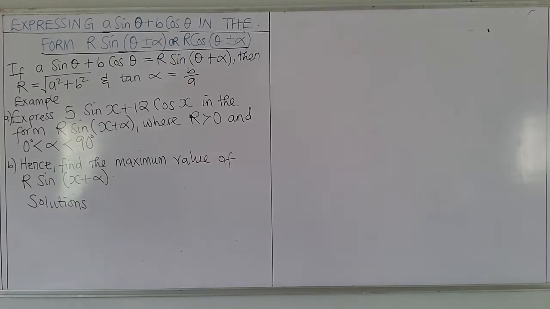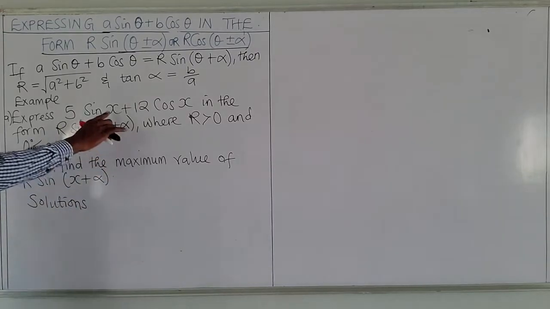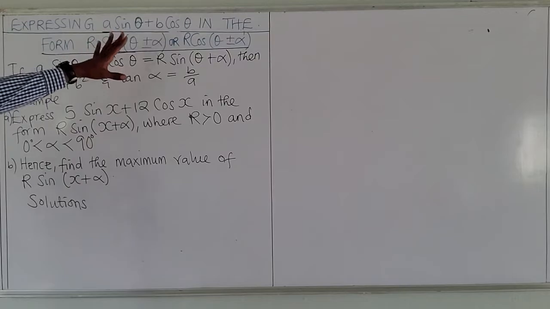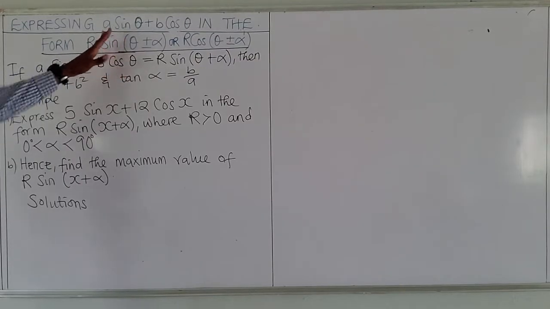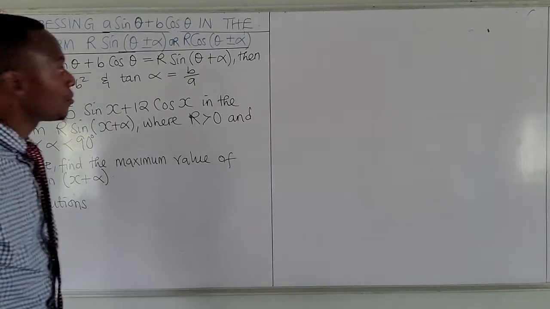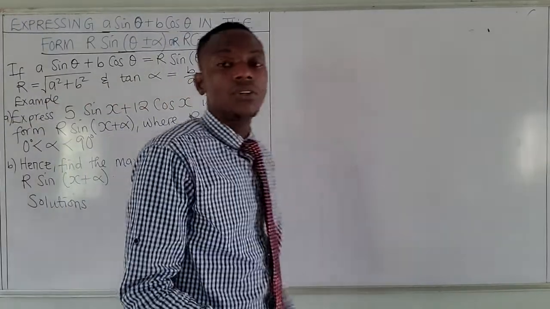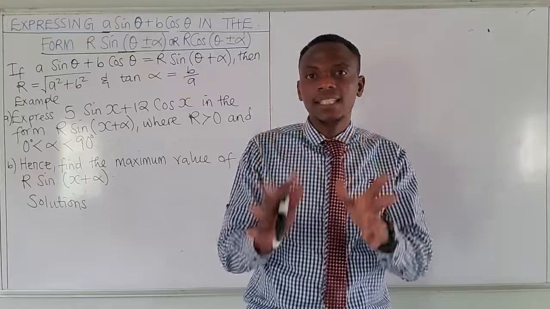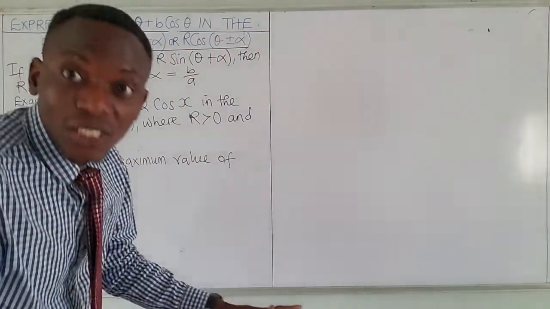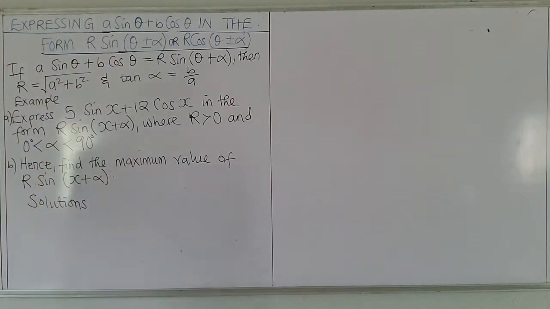We must be mindful that here they've used x, while we were using theta. Theta and x represent one and the same thing, an angle for either sine or cosine, so that shouldn't scare you. Then part b: hence, find the maximum value of r sine of x plus alpha.